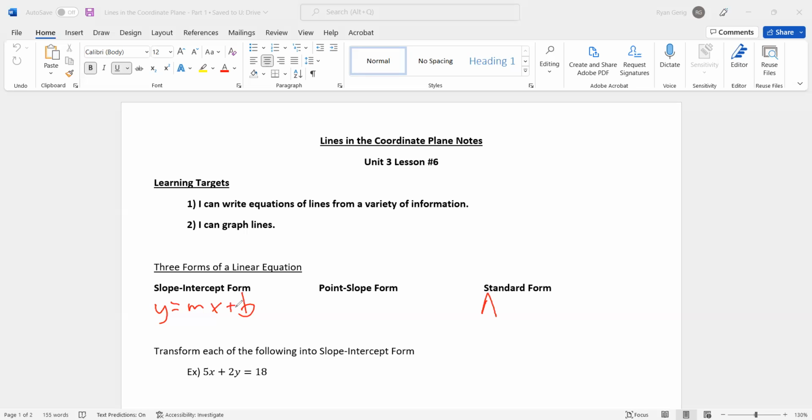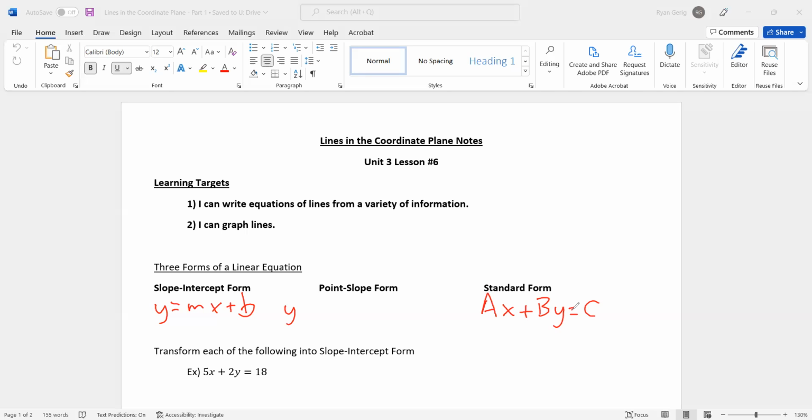Standard form is the other one that I teach. It's ax plus by equals c. Big thing you want to see here is that x and y are on the same side of the equal sign. Okay. Point slope form, I don't teach that one, but some of you have seen it. If you had a different algebra teacher, some of them teach point slope form, some don't.